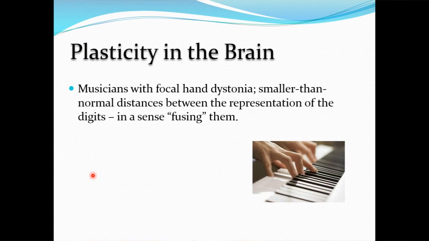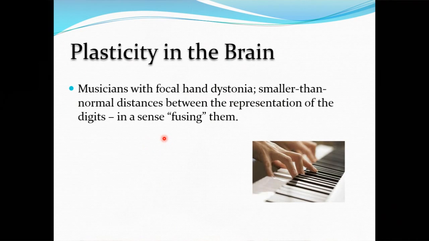Now, this is also very interesting. Musicians, now you can imagine musicians, like pianists, okay? Those motor areas would really be bulking out where the hands are concerned. But you get a thing called hand dystonia. What happens is, each finger has its own brain area, so it's mapped out on the brain.